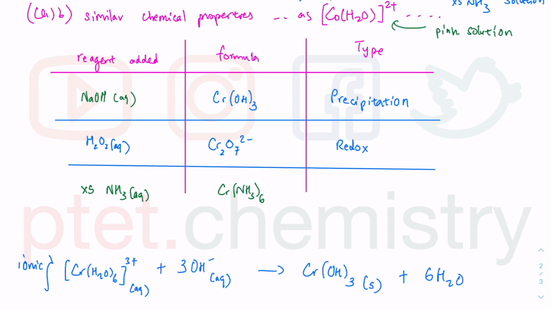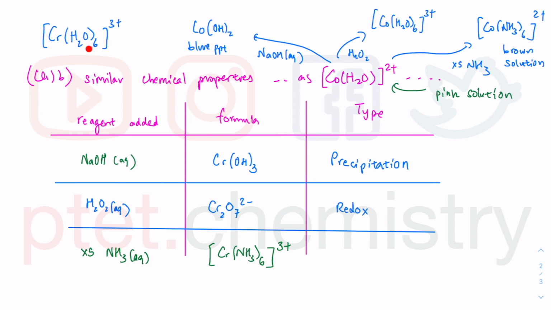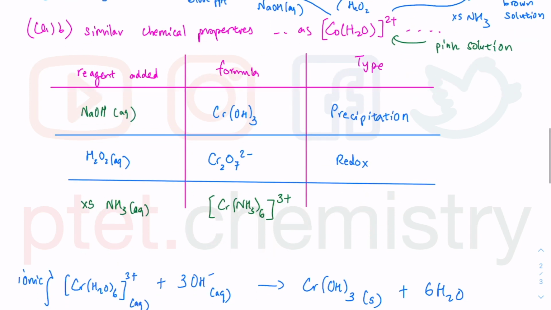It's going to be a complete substitution, so 6 of them. And then this one will have a charge because this thing has no charge as a ligand. This is not a redox reaction. It's just substituting the 6 H2O with 6 NH3. So I still maintain the 3 plus charge, which I have got in my chromium 3 plus aqueous solution, which by the way is green. So that is what you call chromium 3 plus aqueous, and that is the color you get when your dichromate 6 act as oxidizing agent.